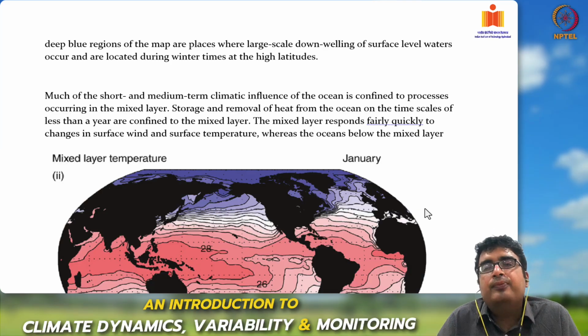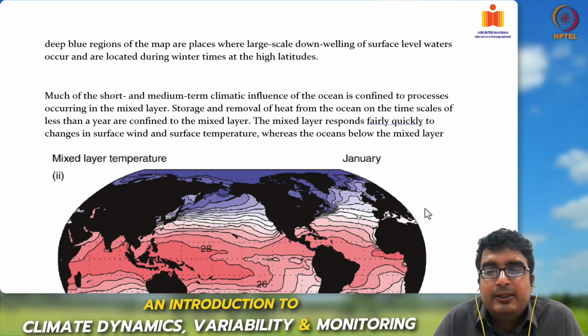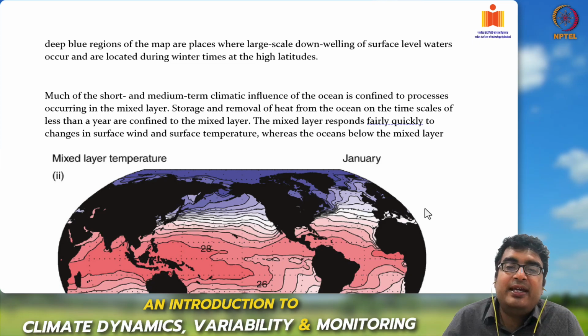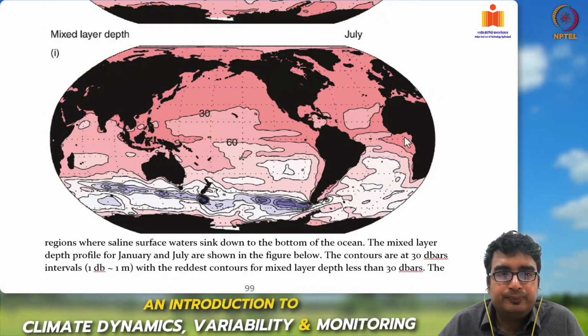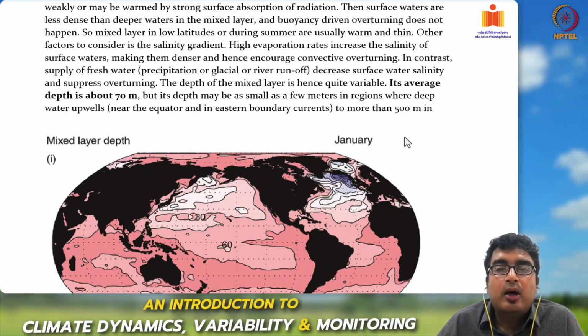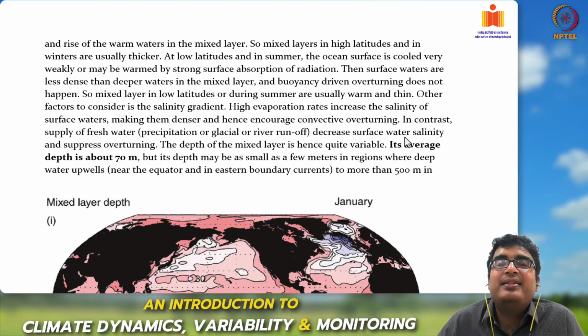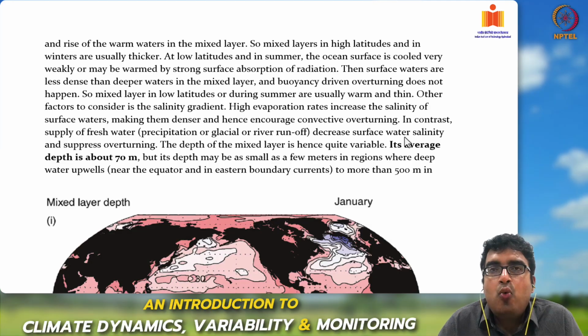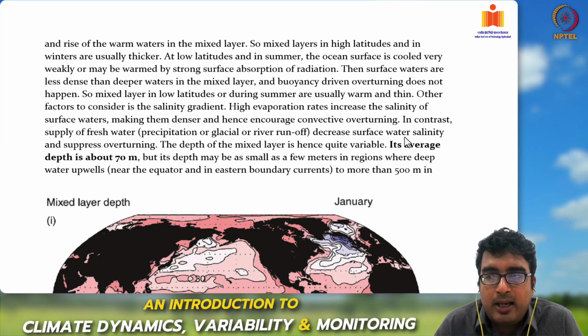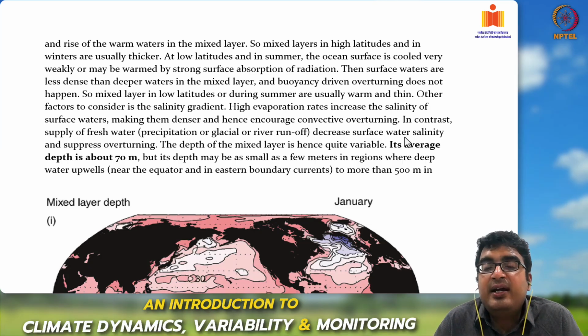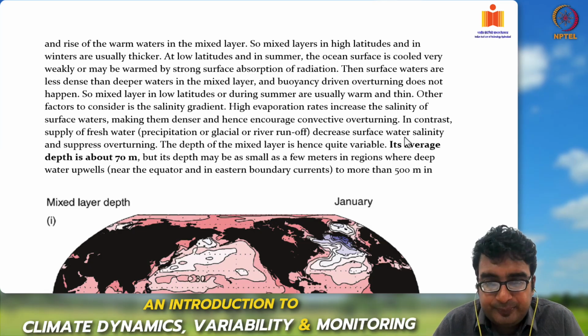We also saw that in the equatorial region, the mixed layer has significantly high values of salinity, making it thin and warm, whereas in the high latitudes, especially in the winter, the mixed layer is thick due to vigorous buoyancy-driven convection currents that exist within it.